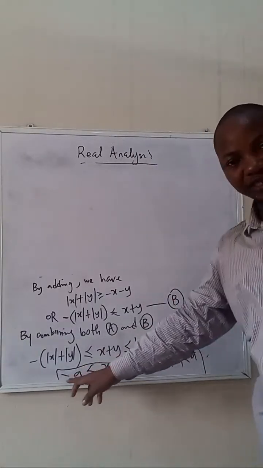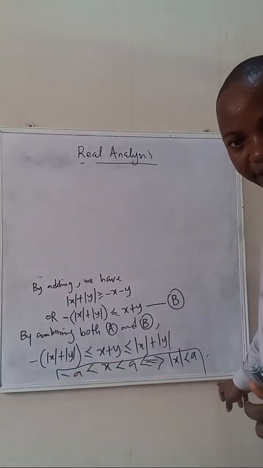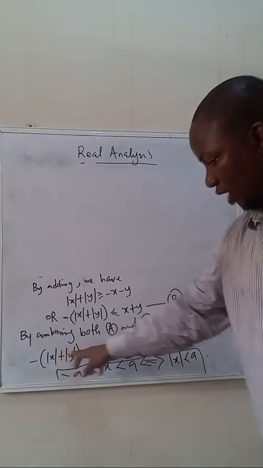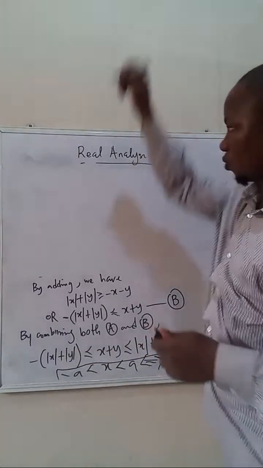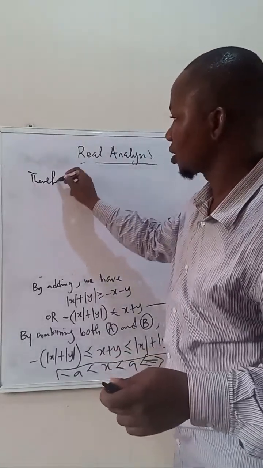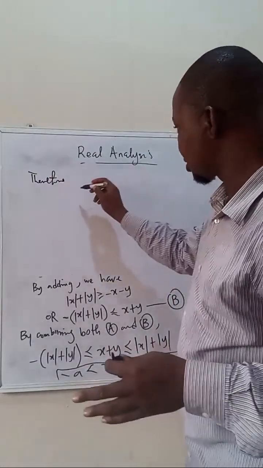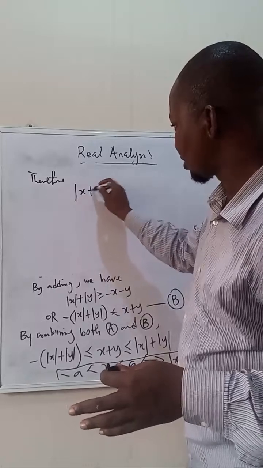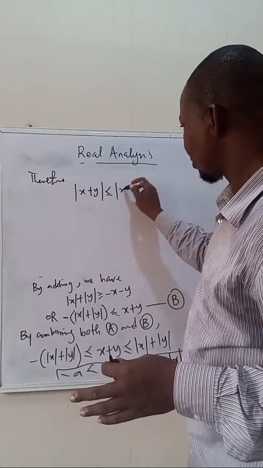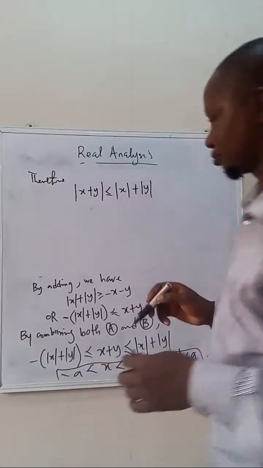So I'm just using this as an example because I have considered an example that looks like this. If we combine what we have here, it simply means, by virtue of example 1, that the absolute value of x is less than or equal to the absolute value of x plus the absolute value of y.